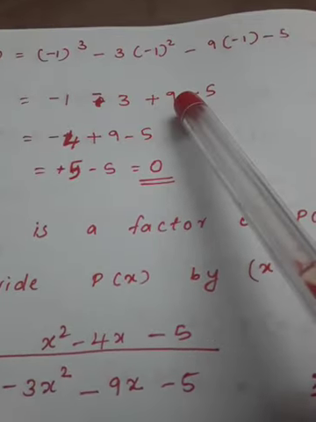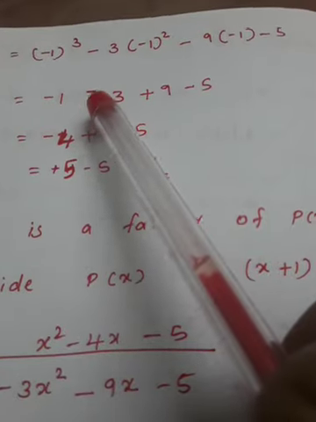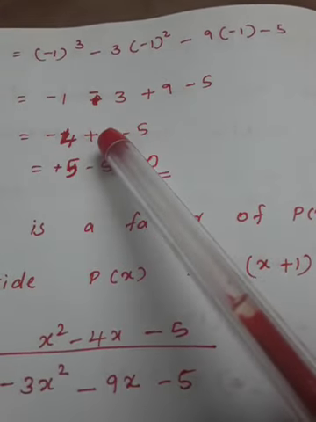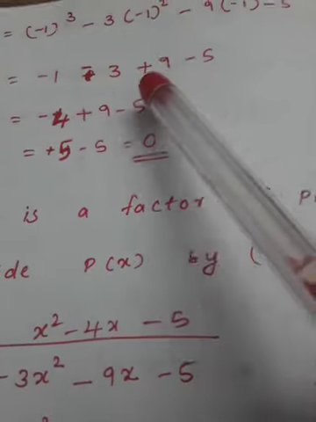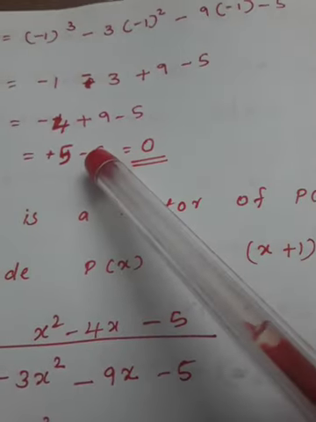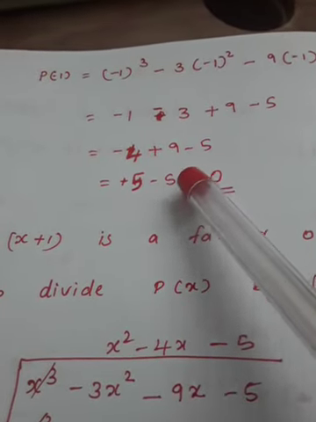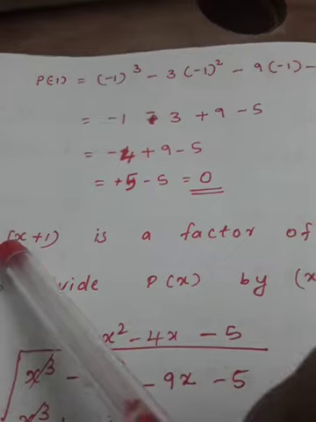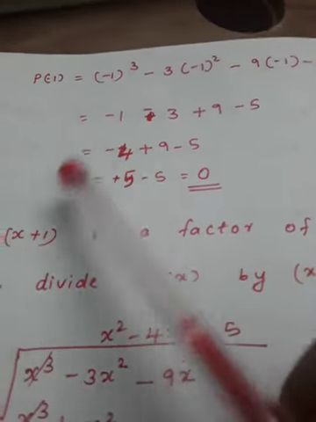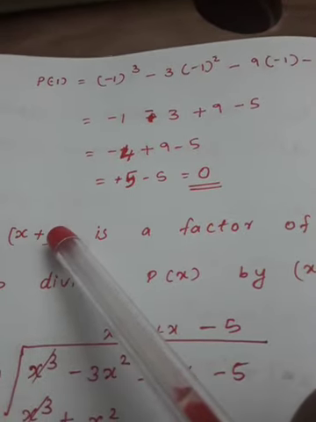Then last minus 5. Negative 1 minus 3, negative 4. Negative 4 plus 9, positive 5. Positive 5 minus 5, 0. Okay. So here we got p of negative 1 as 0. So by the factor theorem, what will be the factor? x plus 1. P of negative 1 is 0 means x plus 1 is a factor.